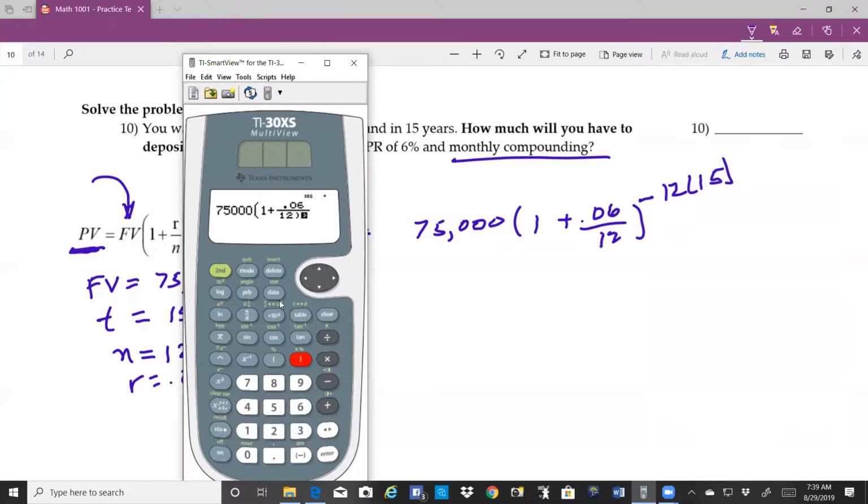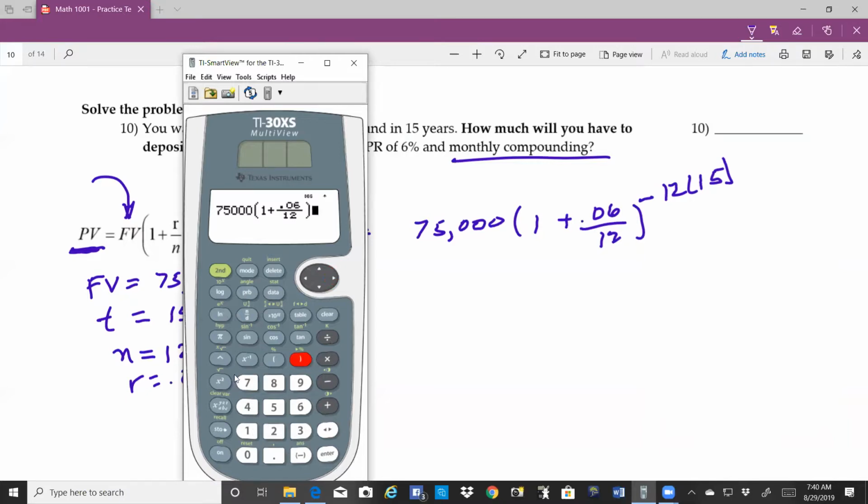Now, excuse me, I'm going to delete that. You don't need to close the parentheses. You just need to put parentheses over here on the right and then close it.